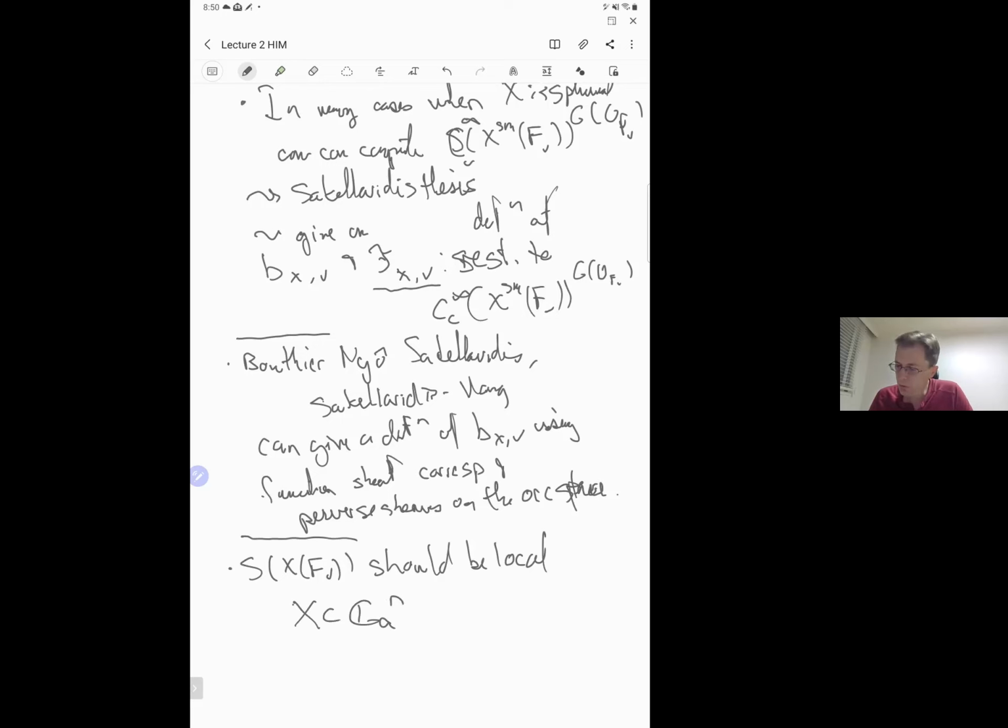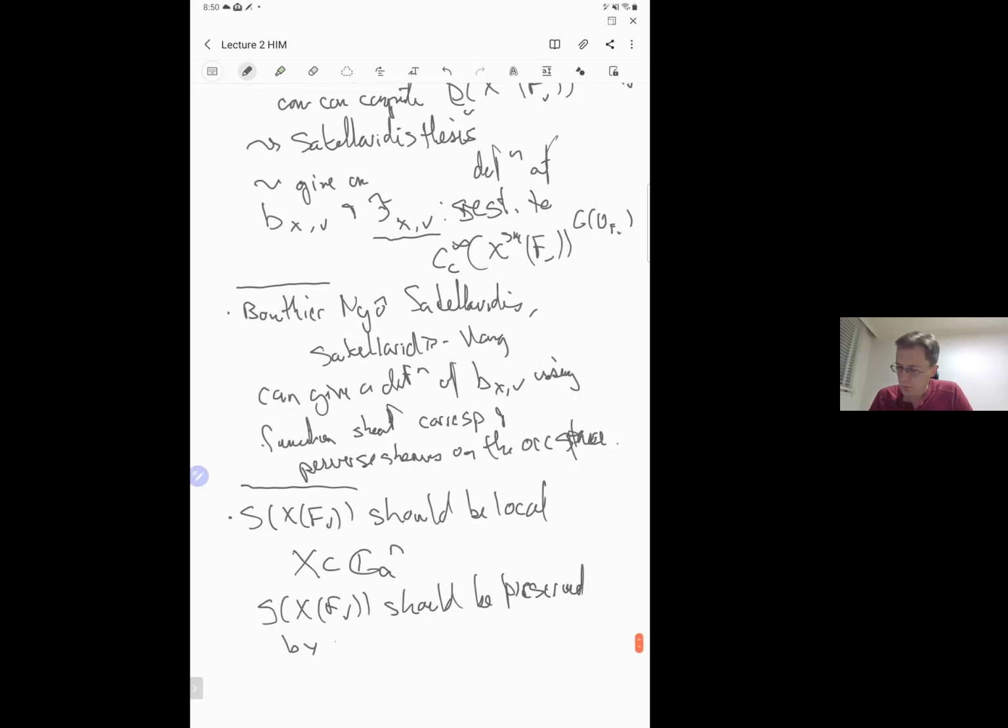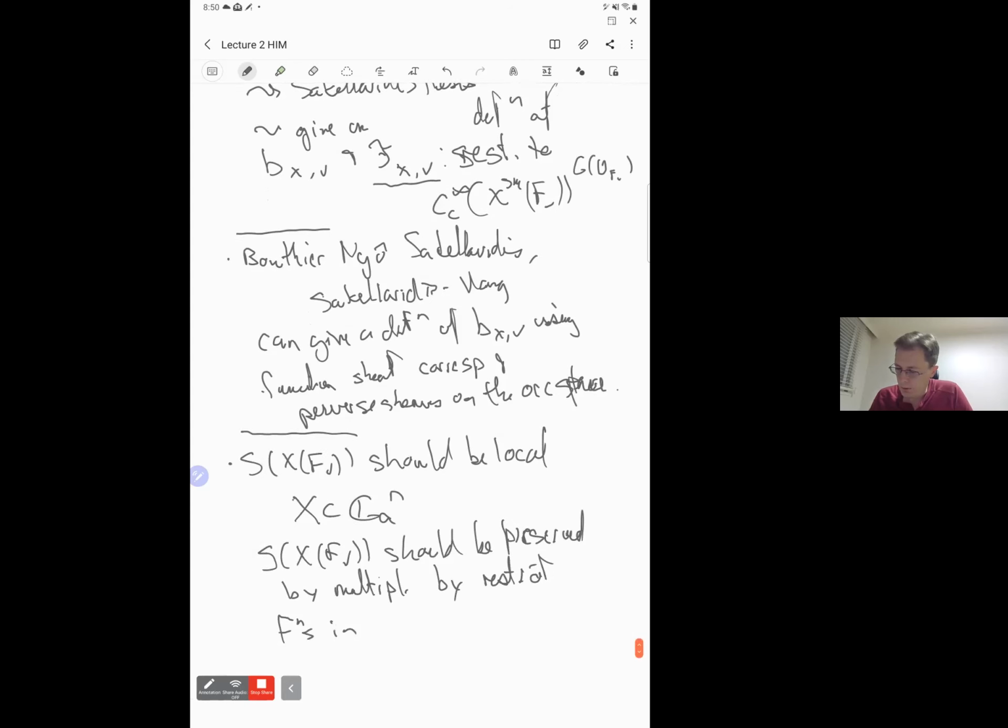If you just view your X as living inside some GAM, then your space SXFV should be preserved by multiplication by restrictions of functions in S of FV to the n.